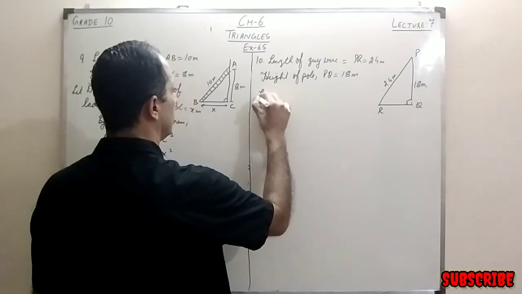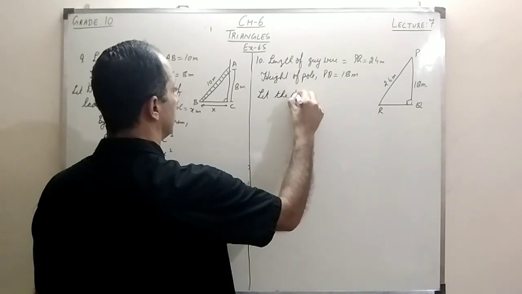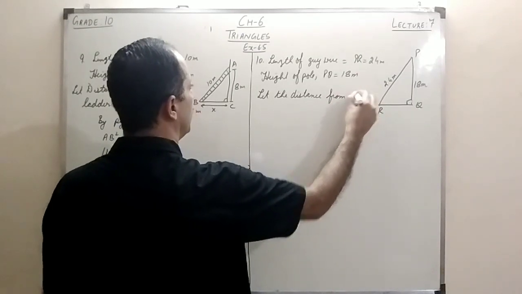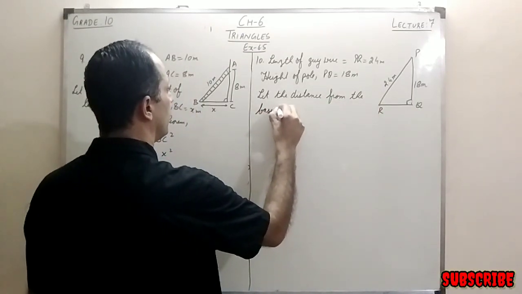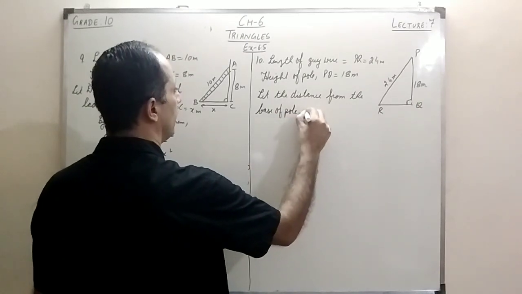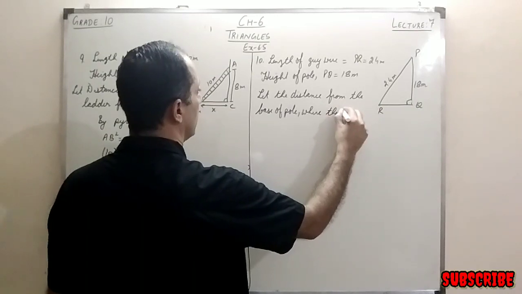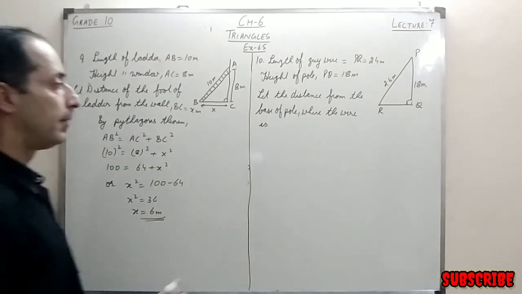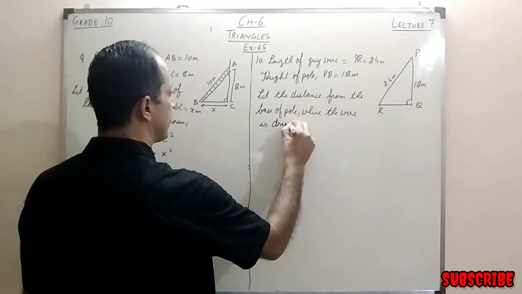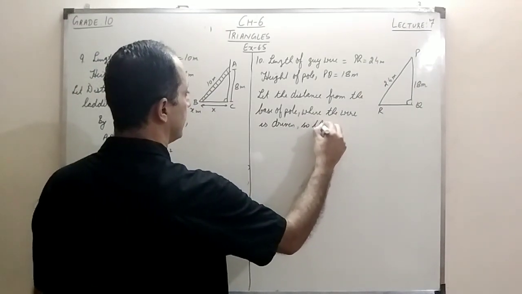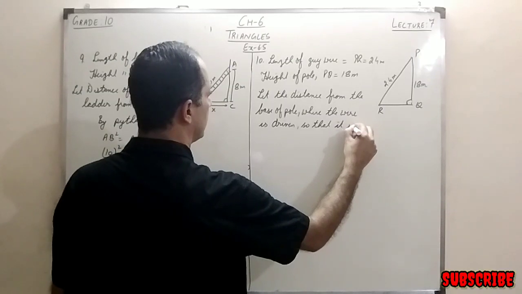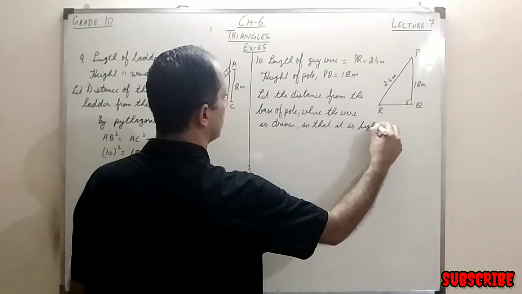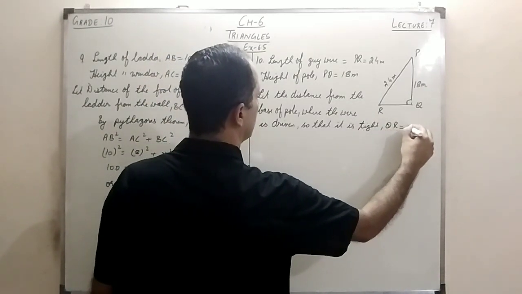So we say let the distance from the base of the pole where the wire is driven so that it is tight be QR equals x meters.